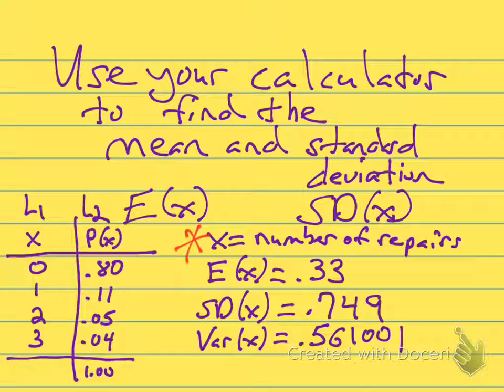So we're going to use our TI calculator. We're going to use list 1 with the expected number of repairs. Could be 0, 1, 2, or 3. L2 is the probability of those repairs. We would use the 1 var stat on our calculator, and this would give us our expected number of repairs, the standard deviation for the expected number of repairs.